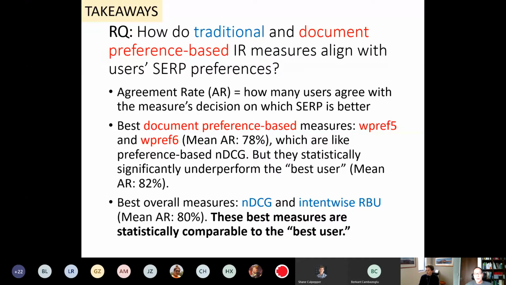So basically, I'm trying to copy what Mark did for SIGIR 2010, I guess. But this is for preference-based IR measures primarily.